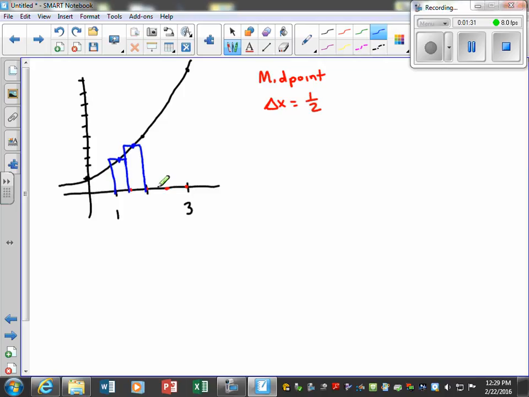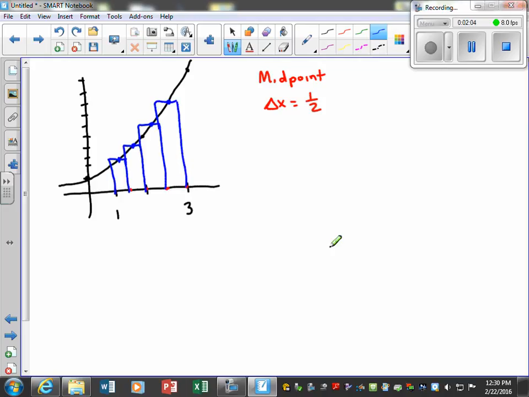I want to get as close as possible to the middle of that and extend up to my function, and then sketch your rectangles to meet those values. Now these are all rectangles of the same width if this was a perfect sketch, but I think you get the idea. So my delta x is 1/2. I want to get as close to the middle of that as possible to sketch these rectangles.